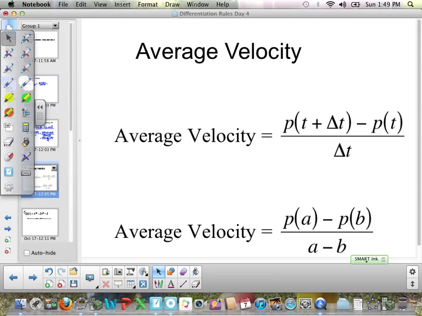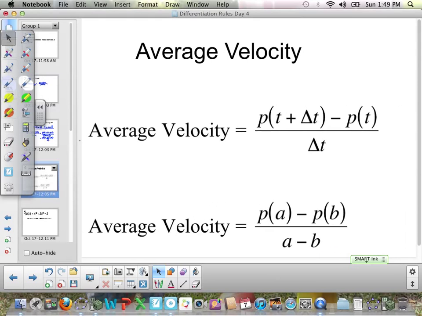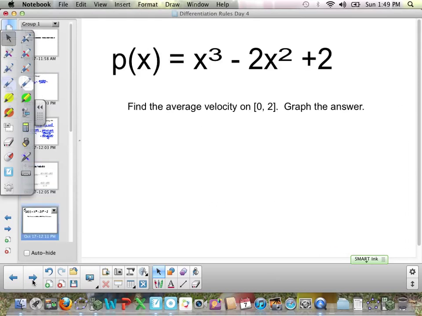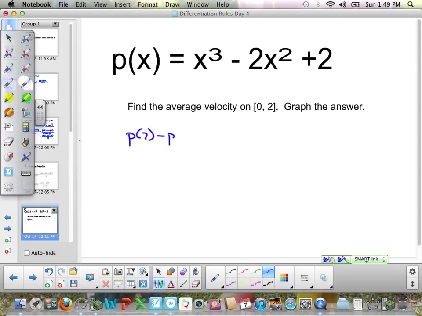Let's look at a problem. Find the average velocity for P of x on the interval from 0 to 2. Graph the answer. Well, first, let's find the average velocity. Using our formula, we get P of 2 minus P of 0 all over 2 minus 0.